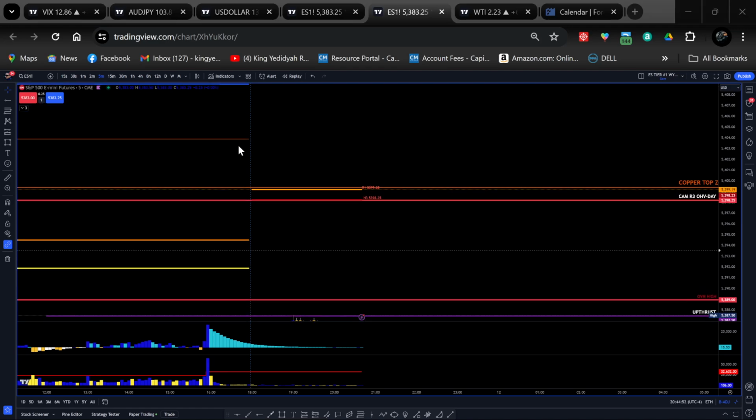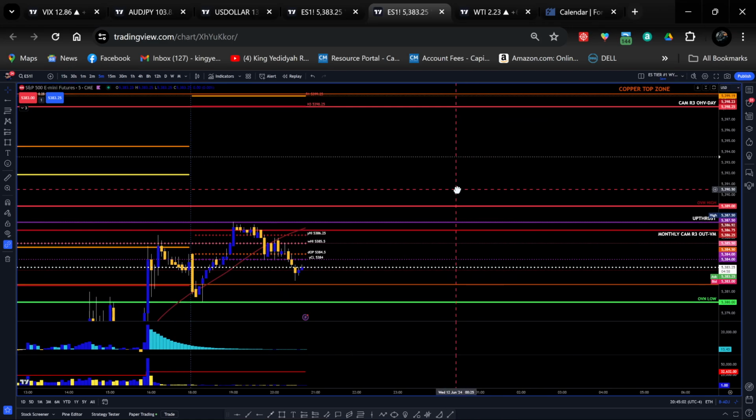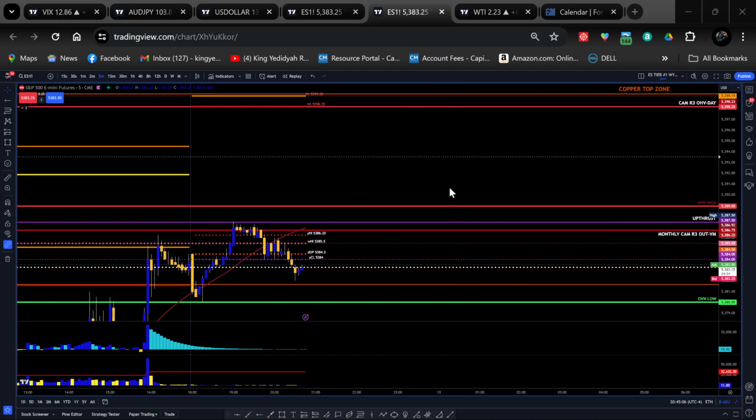That's basically my first set of targets right here around Camarilla R3 and floor pivot R1. So it depends on where price opens. If we do open around this level here, monthly Camarilla R3, then we could get a retest and get that long right there.